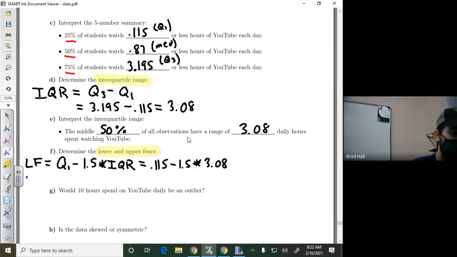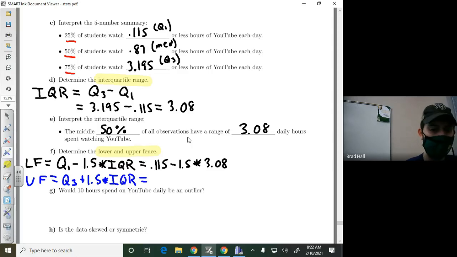And similarly, the upper fence right below it is Q3 plus 1.5 times IQR. So that's 3.195 plus 1.5 times 3.08. Two computations, we can go ahead and figure both of those out.